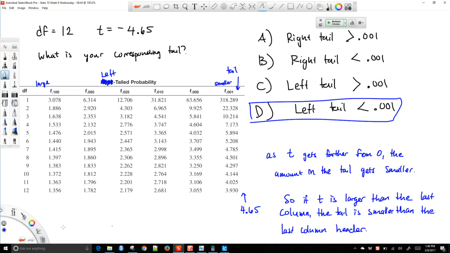Likewise, on the flip side, if your t ends up over here, if t is smaller than the value in the first column, then the tail is going to be greater than the first column heading.